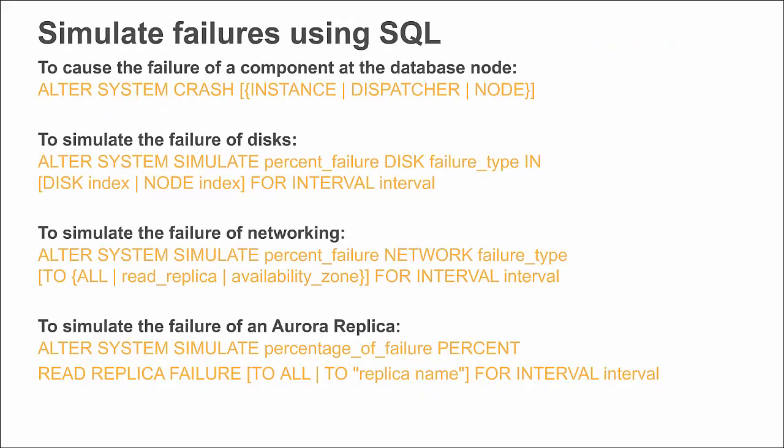Now, all the stuff that I told you about, all the features and capabilities of Aurora, you can test all this out. You can cause failures and simulate different levels of failures like network failure and disk failure, and see how Aurora reacts, and whether that is good enough for the kind of application that you are going to use Aurora for, by using these SQL statements that we have available in Aurora.